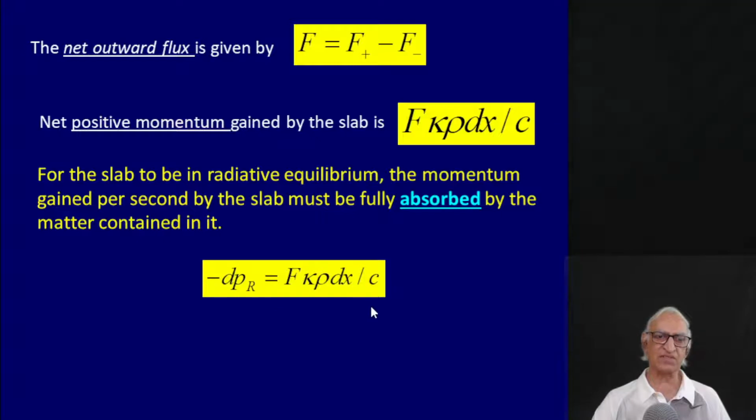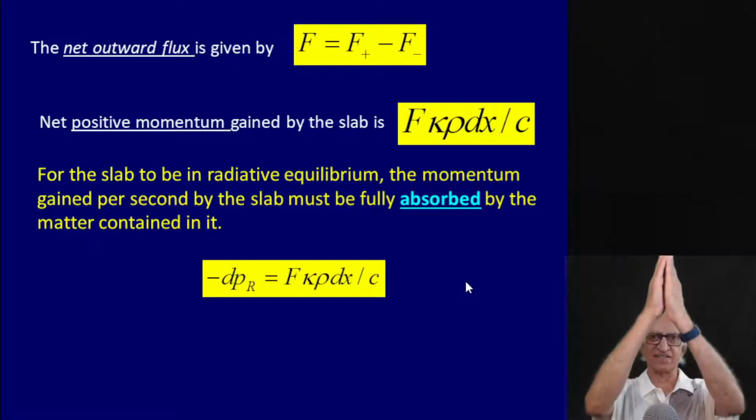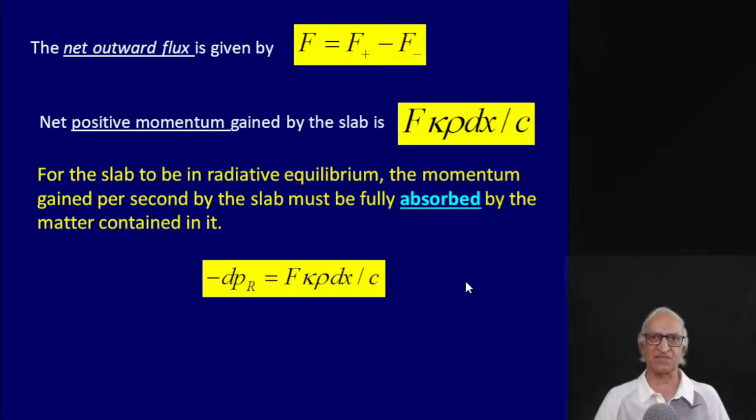I put a minus sign to indicate that the pressure is decreasing as we go outwards, and since the positive x direction is defined as going outwards, I have to put a minus sign to get the convention right. So please convince yourself that I have not done anything wrong or committed a fraud by putting a minus sign.